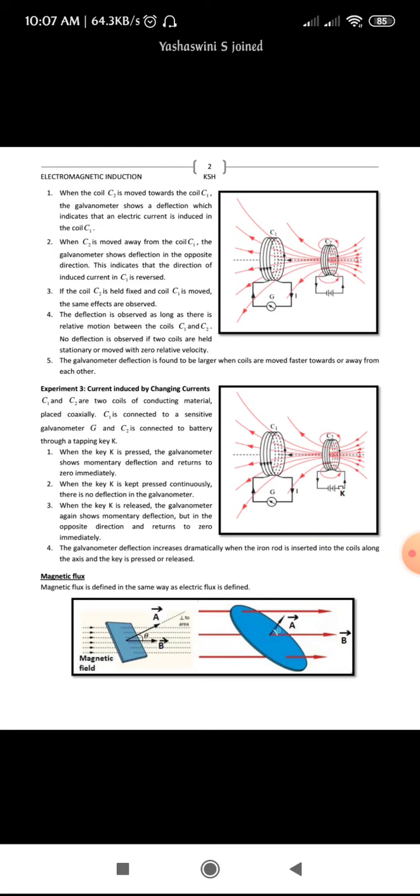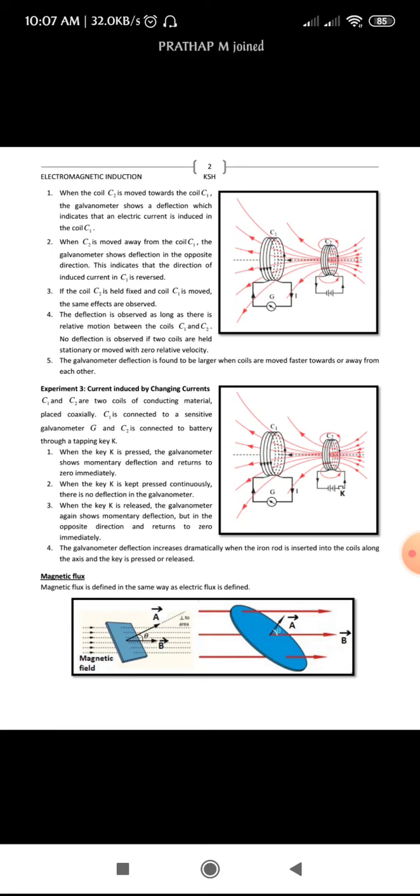Since C2 is connected to the battery, current flows in the coil C2. If you move that coil C2 towards the coil C1, there is a change in the magnetic flux linked with the coil, so there is an induced current in the coil. Let us say the galvanometer deflects towards the left.